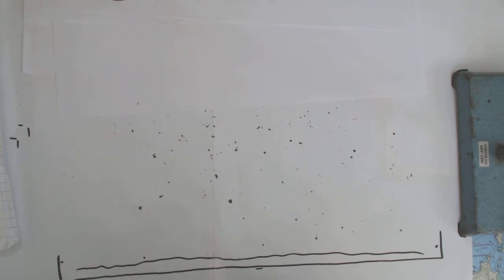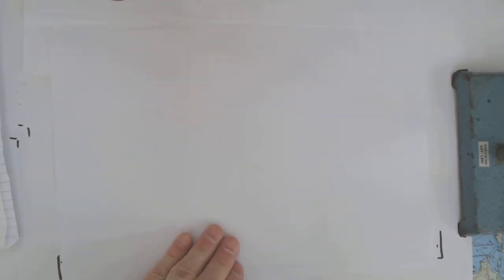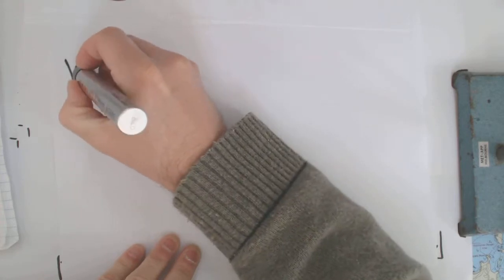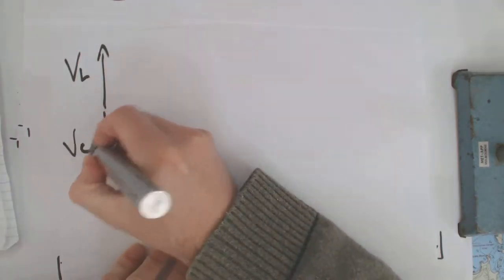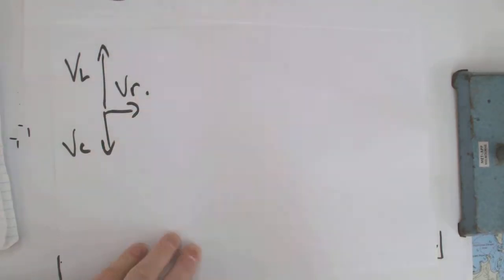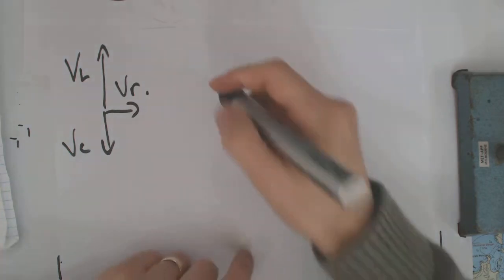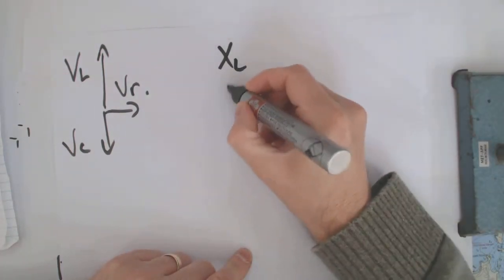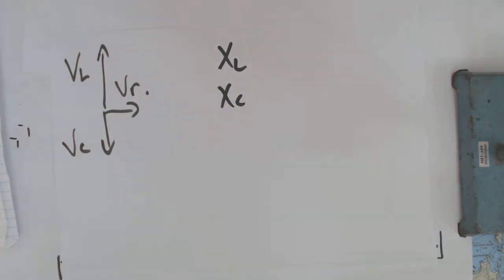Now, the same can be said for when we're working out those values again on our phasor diagram: VL, VC, VR. What are those values actually going to be? We've said that XL and XC are the reactances.